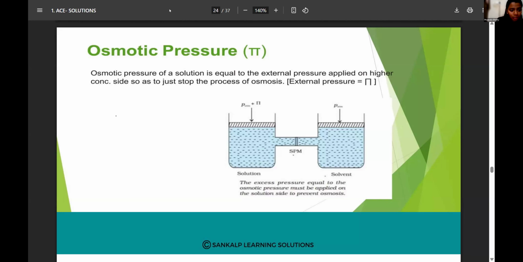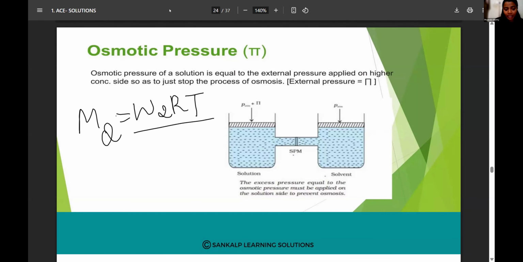You have M2. Generally they ask you to calculate M2, that is the reason you are given M2. M2 is equal to W2 R T divided by V. Okay, just remember this. They are all direct substitutions.